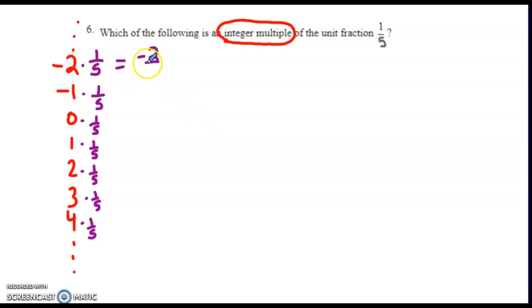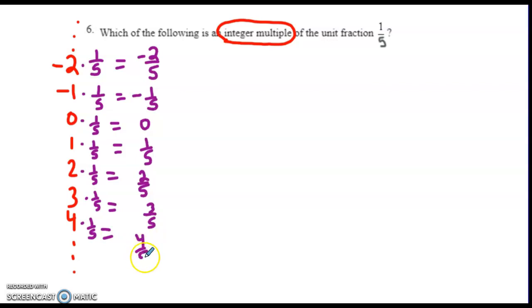So that's an integer multiple. And now I'm going to do the same thing for -1. And I get, well, of course, that's -1/5. If I do it for 0, I get 0, times 1 is 1/5, times 2 would be 2/5, times 3 would be 3/5, and times 4 would be 4/5.